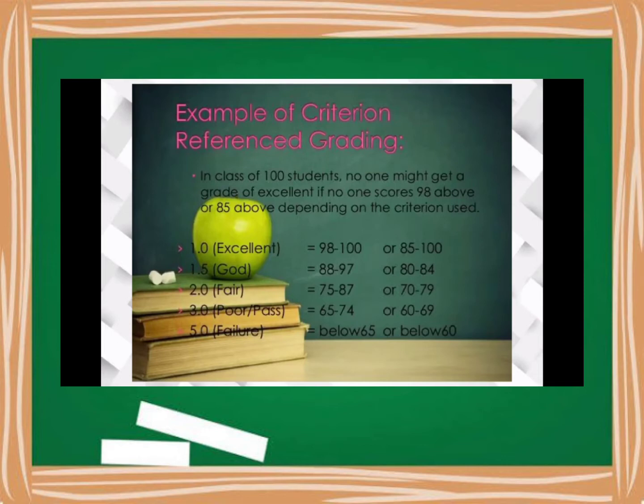Say for instance, 1.0 or excellent is equal to 98 to 100 or 85 to 100. 1.5 or good is equal to 88 to 97 or 80 to 84. 2 or fair is equal to 75 to 87 or 70 to 79. While 3 or poor or pass is equal to 65 to 74 or 60 to 69. Lastly, 5 or failure would represent scores below 65 or below 60.